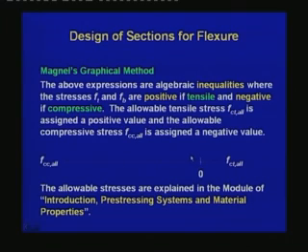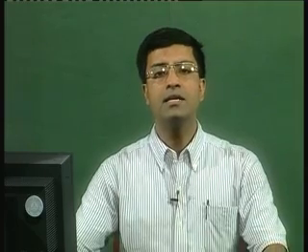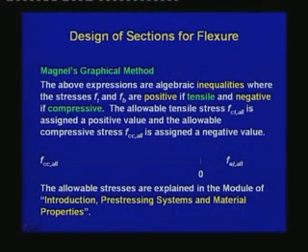Now, since these are the two limits of the stress conditions, if any tensile stress has to be less than FCT allowable, then we can write the equation that the stress is less than FCT allowable, which falls in the positive side of the axis.